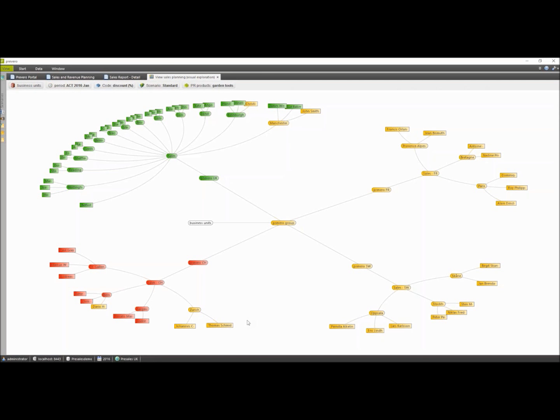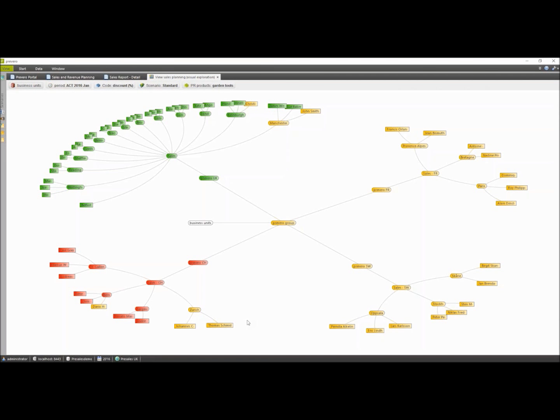And then if we just switch back to looking at the group from a central perspective, there we can see the Swiss part of the business, and it's not all bad. Zurich is actually giving away less discounts than the rest of Switzerland and so on.